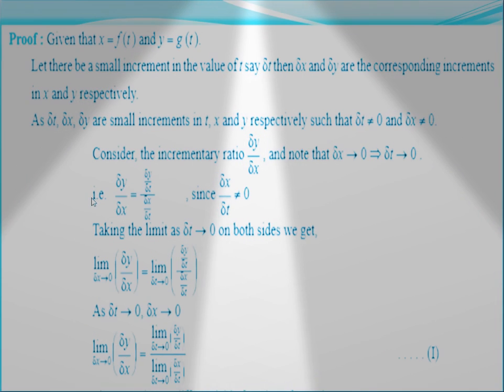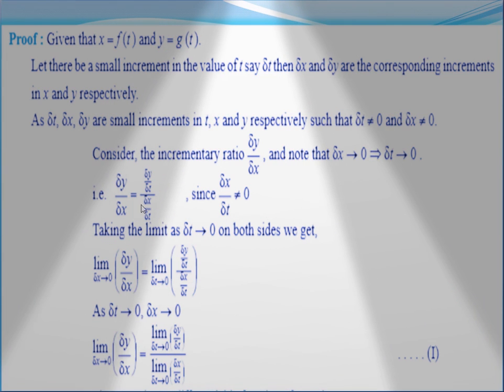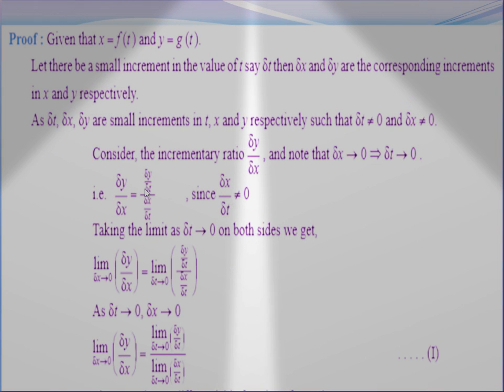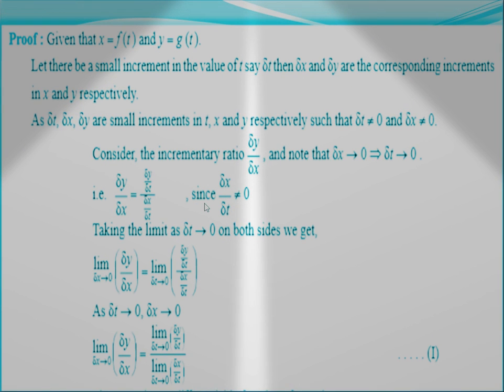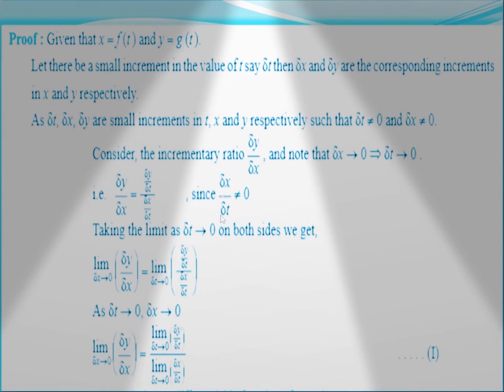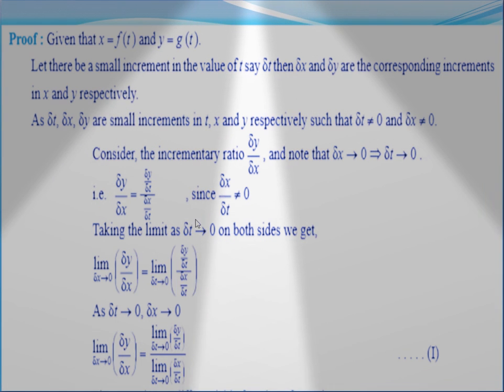That is, delta y upon delta x is equal to delta y upon delta t upon delta x upon delta t, since delta x upon delta t is not equal to 0.